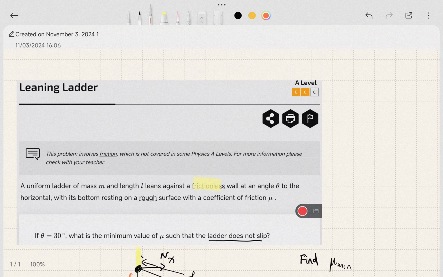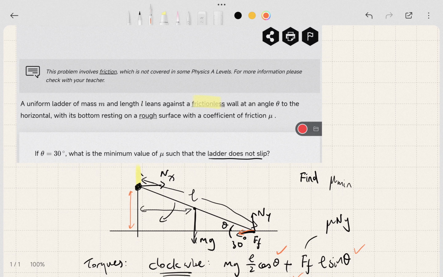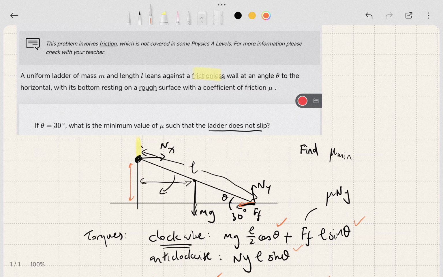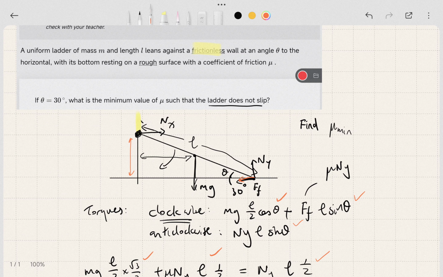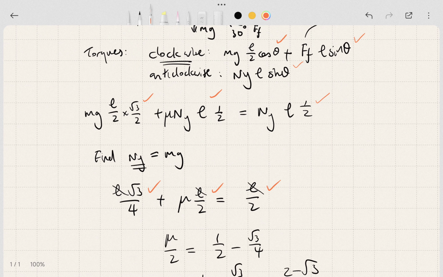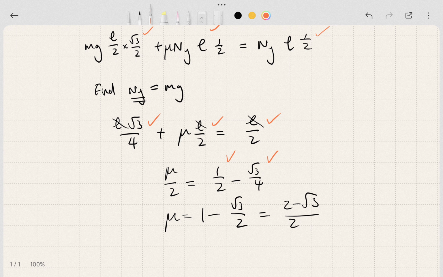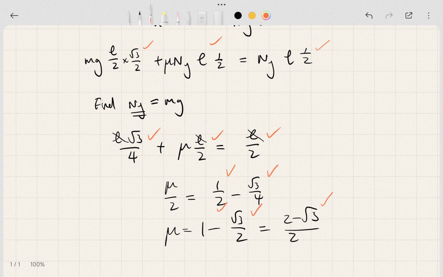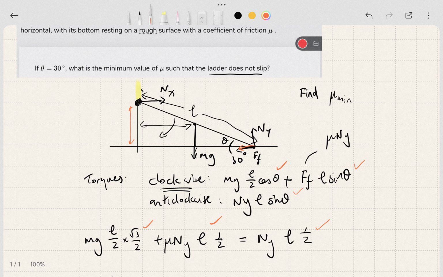Essentially, let's read the question again. Mass m and length L leans against a frictionless wall at an angle theta to the horizontal, with its bottom resting on a rough surface. So yeah, half mu is equal to half minus, yes, it should be this, but I'm not sure, because it seems like all the steps are correct.